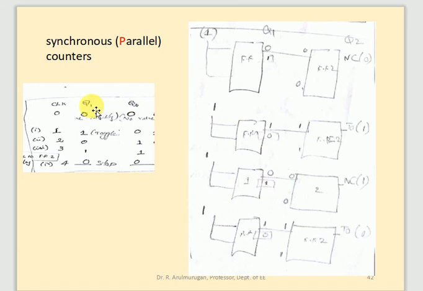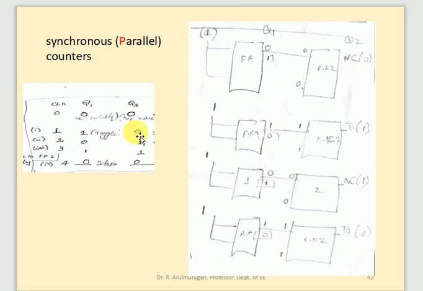Initially the clock is 0, so the outputs of both flip-flops are 0, 0. Then we give clock pulses, increasing 1, 2, 3, 4. Look at Q2 first. Here the 0 comes in as 0, 0 input to the JK flip-flop. What is the output? No change, 0 only.